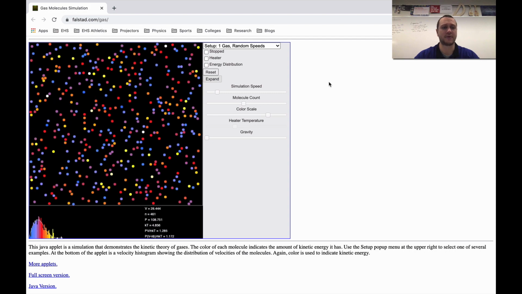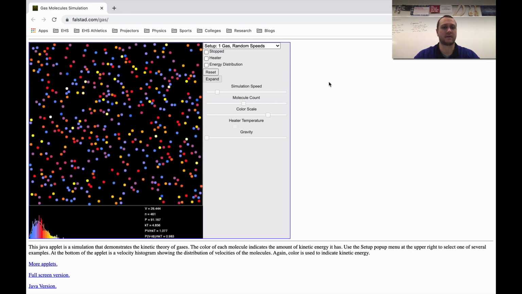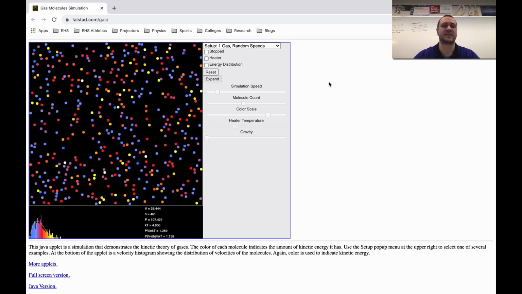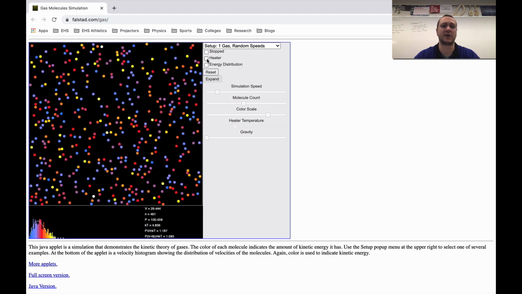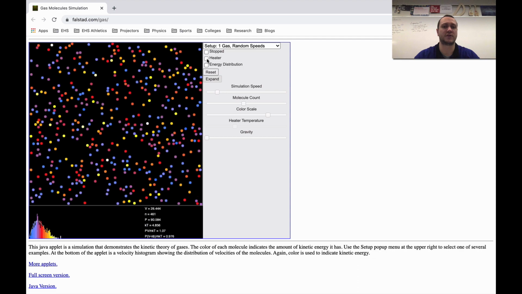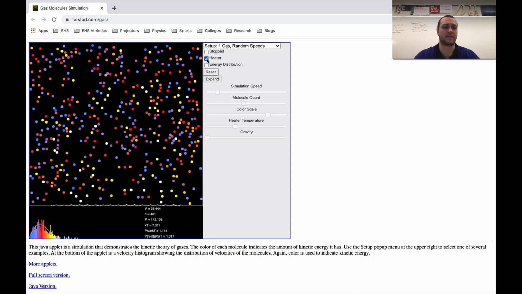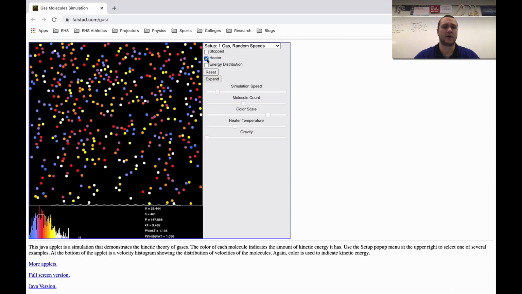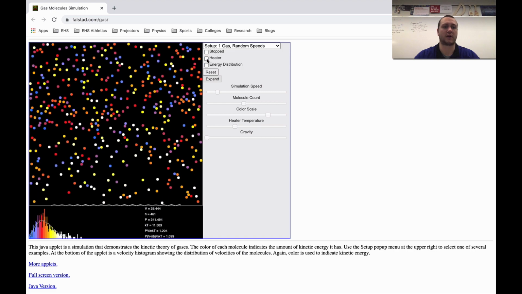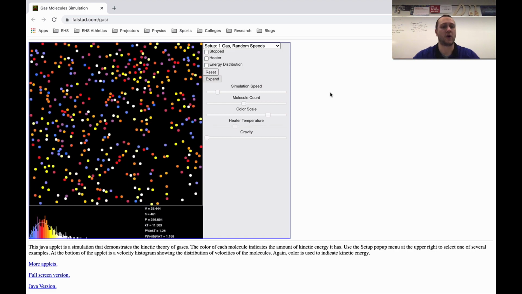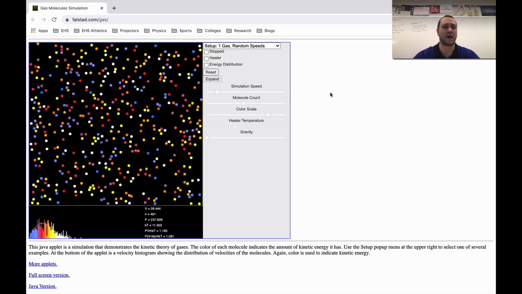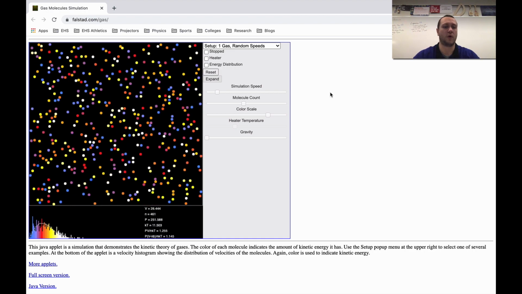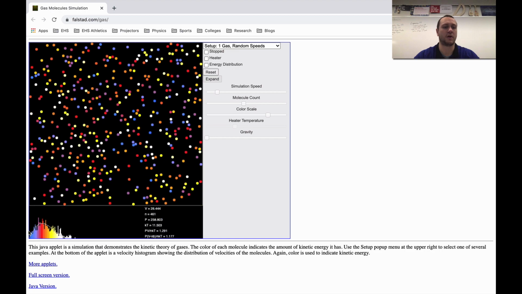But we see this temperature stays pretty static based on the overall energy that's in the system. If I go up to the top and hit this heater, which is now going to introduce thermal energy to the system, now look at the amount of white particles and notice how the overall color scheme has shifted, right? Now we see a lot more white particles, more yellow particles, more orange, and we see fewer of the blue.